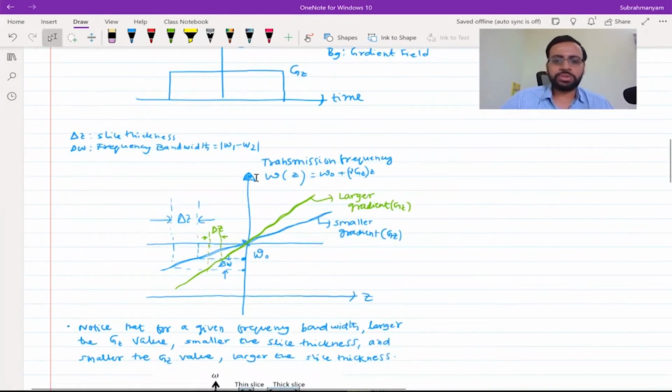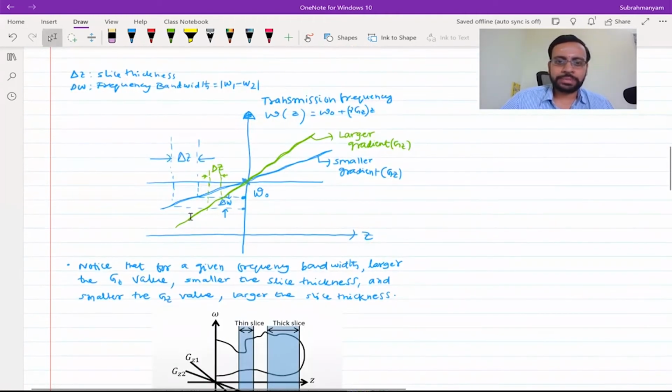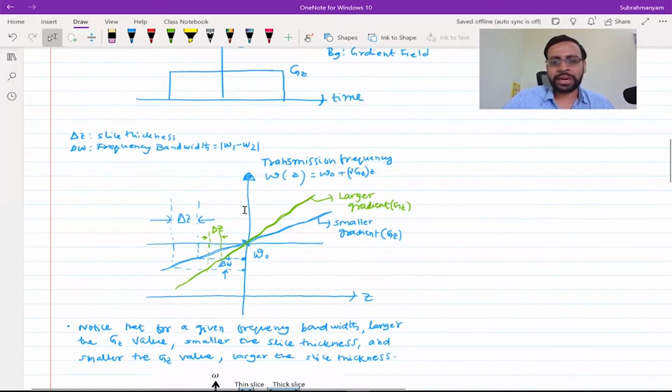Now say for example GZ, what is it that I'm plotting? You consider this as the Z axis: gamma times GZ into Z should be added to gamma times B naught, which is omega naught. That will be something like this.